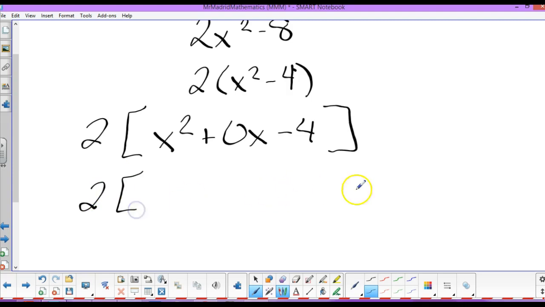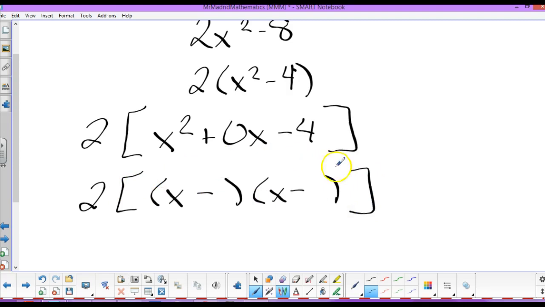So I'm going to put the 2 again. I'll put the brackets, and now I can go ahead and put the skeleton, right? X minus, okay. Once again, the only purpose for the brackets is so that we do not forget that 2, and we can focus on the inside just like we have been.